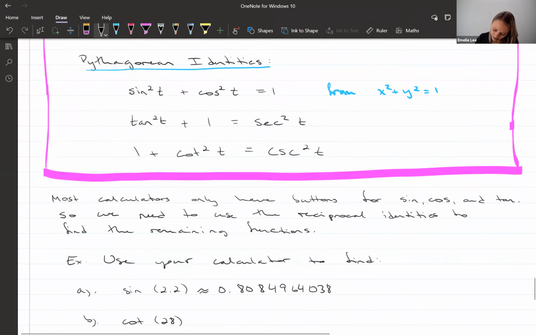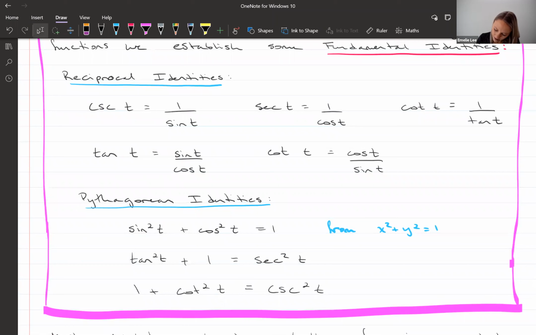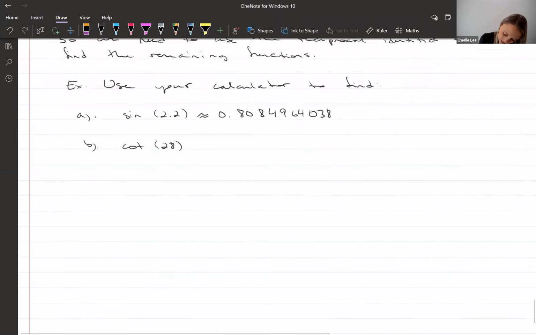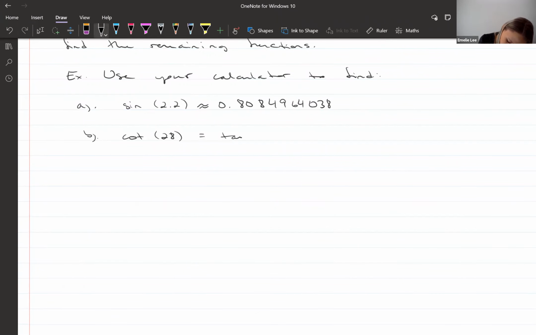And so I need to remember that cotangent is 1 over tan, right? So what I'll do is I'll just rewrite this as 1 over the tan of 28.